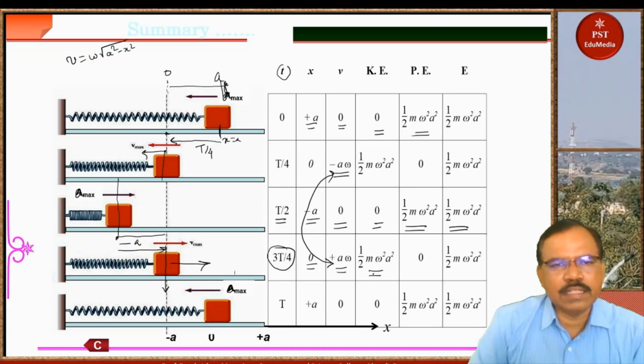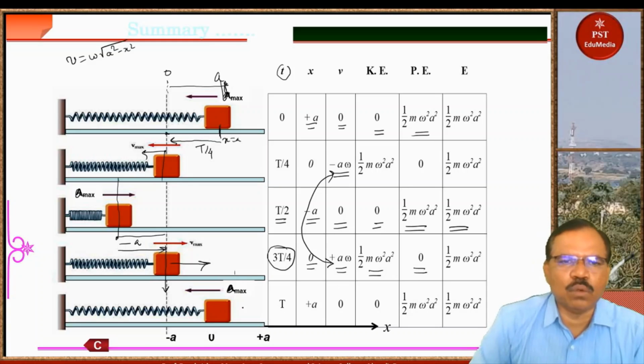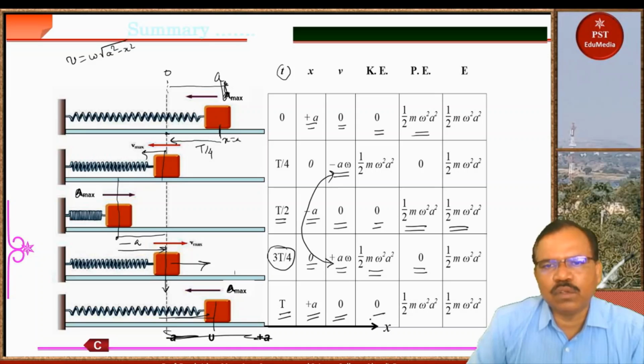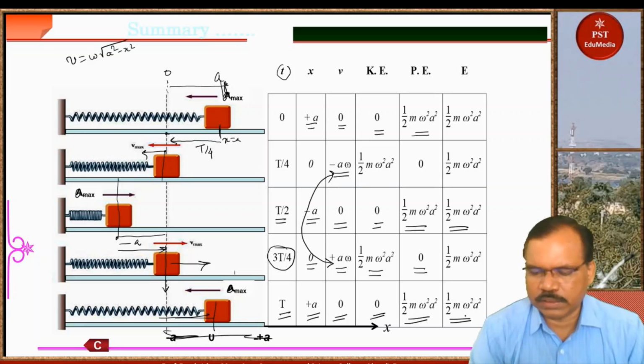Then here kinetic energy is maximum at equilibrium position, and potential energy is 0. And when it is displaced towards the extreme position again, after time T, x will be a, v will be 0, KE will be 0, potential energy will be maximum, and total energy is constant.